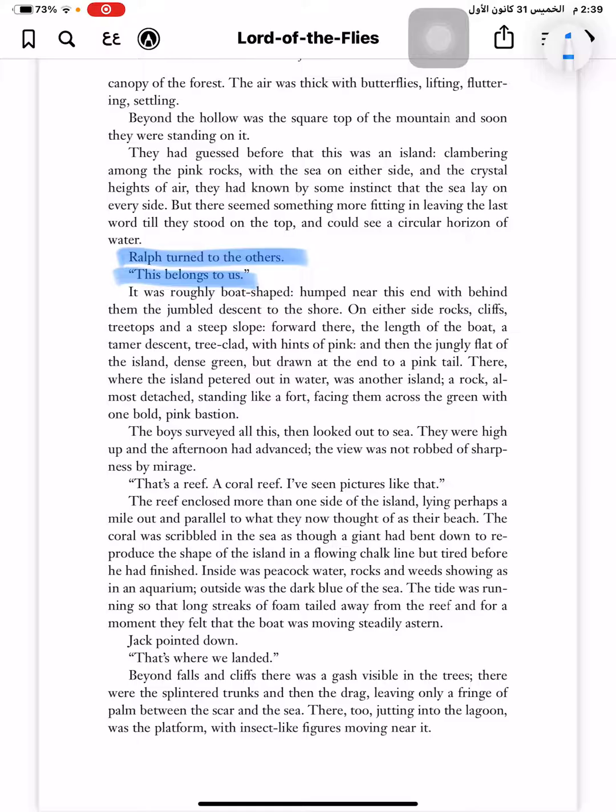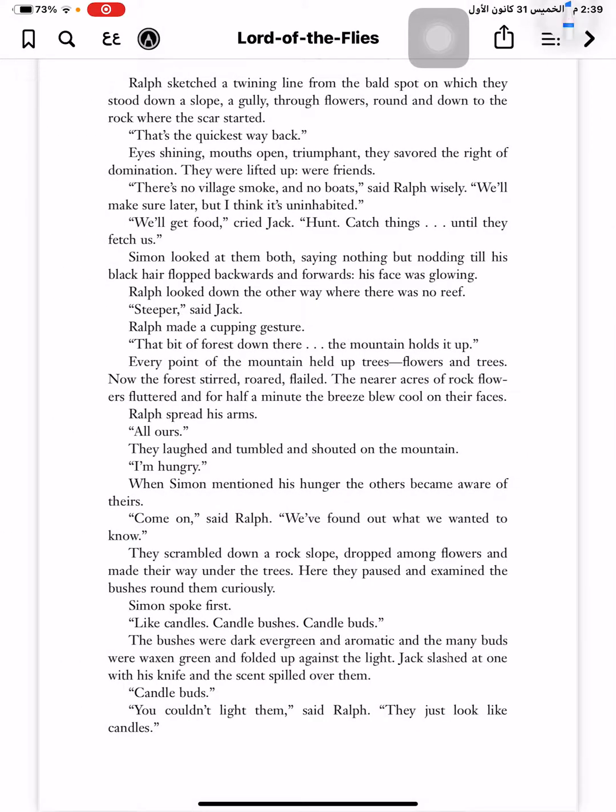It is a behavior of the primitive tribes. And once again, the idea of domination and invasion is asserted later on by Ralph when he said, "All ours." They laughed and tumbled and shouted on the mountain. This movement of the boys on the top of the mountain is another reference for the primitive and savage behavior.